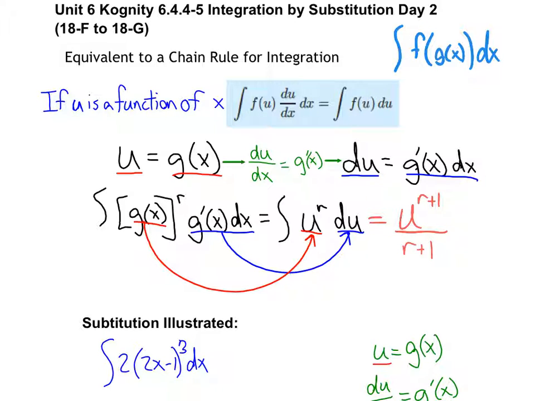So now I can plug back in that g of x to the r plus 1 over r plus 1. Okay? So notice we're substituting out something to make it look a little bit simpler, then we take the integral, then we plug that thing back in.